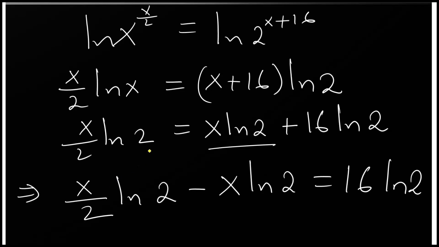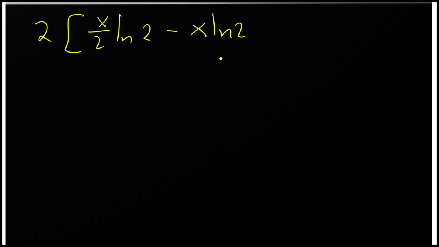Oh, this side is x, not 2. Okay, it's x. So minus x ln of 2 is closed.